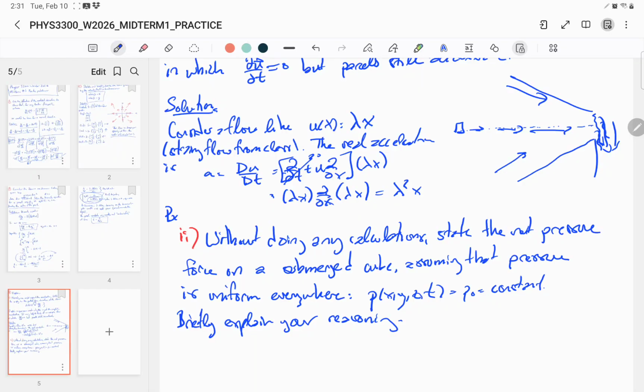So parcels accelerate because the flow speeds up as x increases.